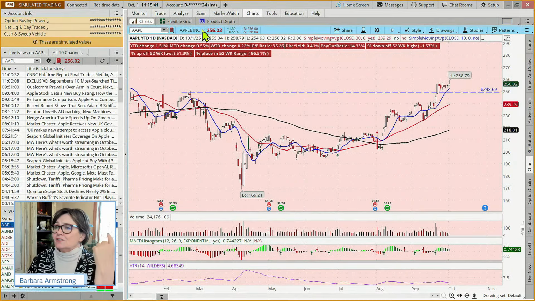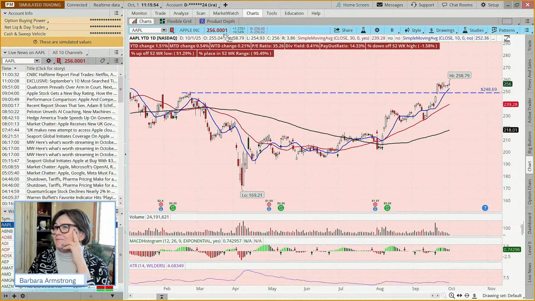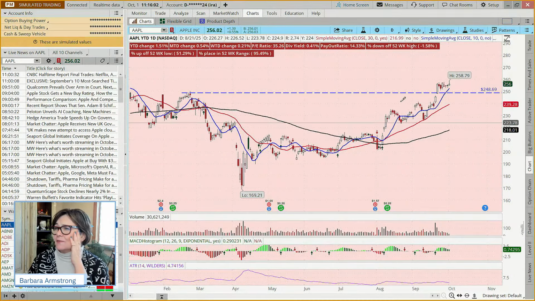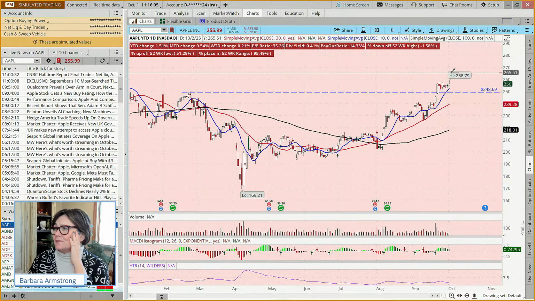And if we're willing to risk 0.5% on a trade, and we had a $500,000 account, we'd be willing to risk up to $2,500. And so if we bought 100 shares, that would be a $25,601 investment. So that's in the ballpark of the type of position size that would be acceptable.